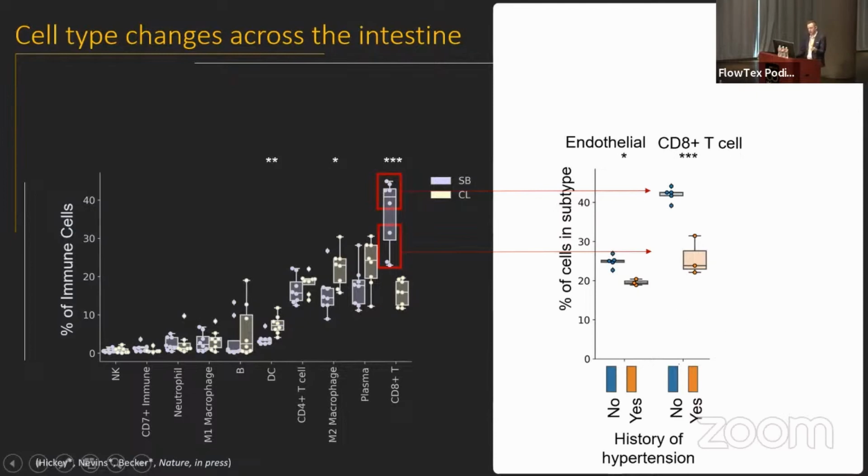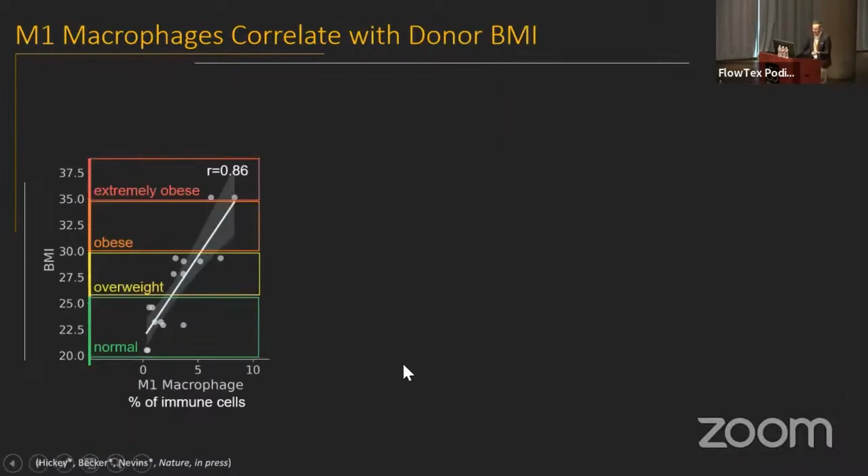Another piece of metadata that we had associated with our donors was the body mass index. And what we saw correlated very strongly with the body mass index of individuals was this M1 macrophage population, which is an inflammatory macrophage type. It's an immune cell type in the intestine. And so as you increase the body mass index, you have this inflammatory macrophage increase.